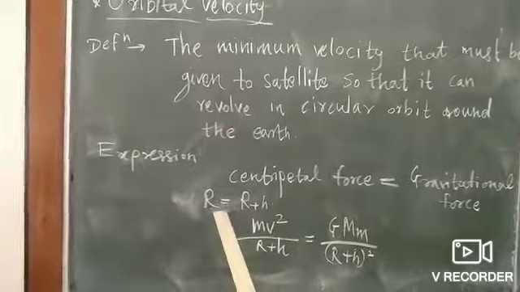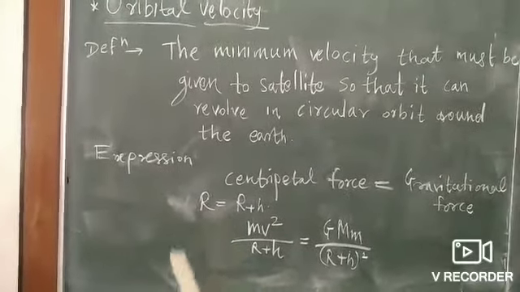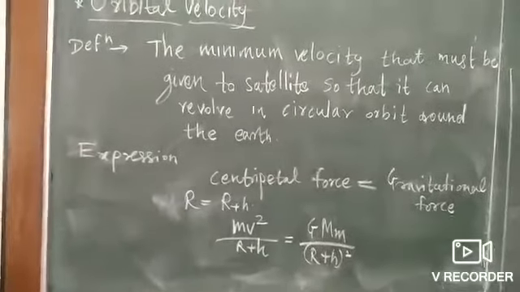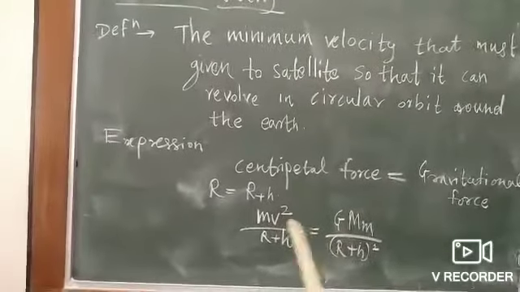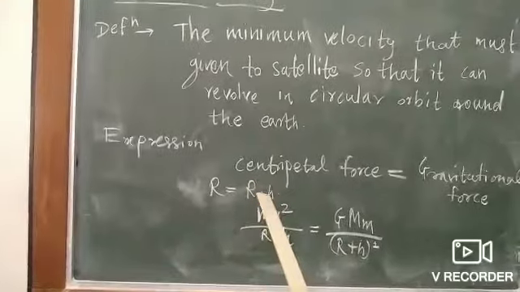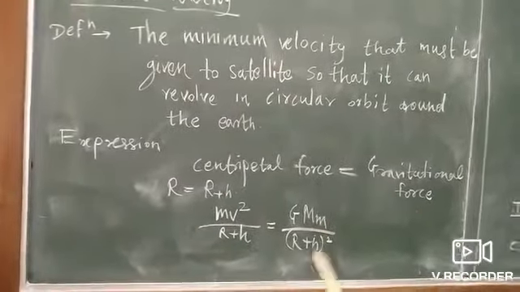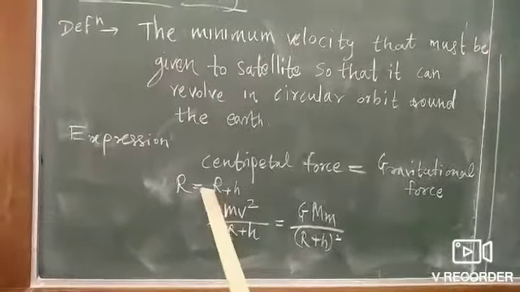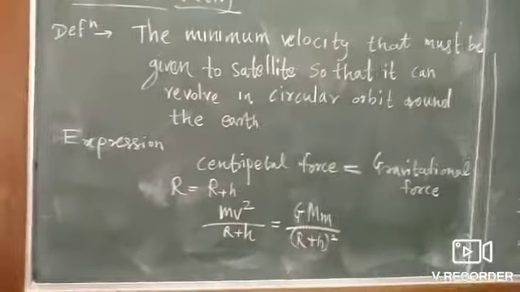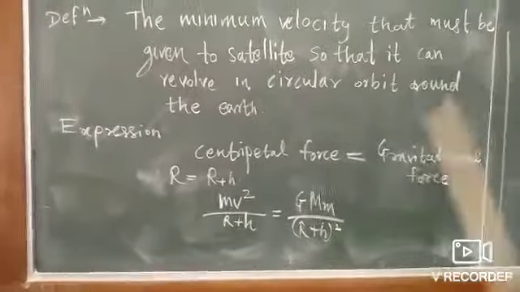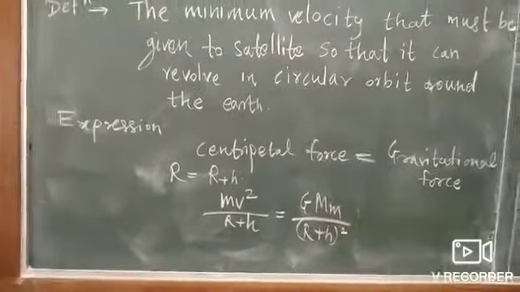Here we have to consider the radius R equals r plus h. So we put the centripetal force as mv square upon r, but instead of r we put r plus h. The gravitational force is GMm upon r square, so instead we take r plus h in brackets squared. Here we are comparing these two forces, and small m and small m get cancelled.